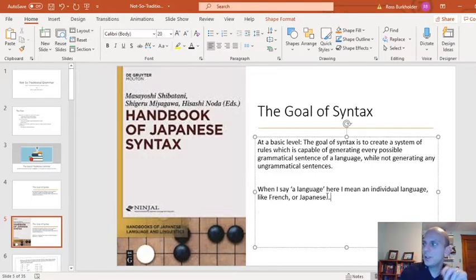It's what we're going to call little L language. It's just one of a number of languages. It's not capital L language, like all of language. No, it's specific to a language. So we're going to have the syntax of Japanese, for instance. You can see this book on the left. And every language is going to have its own syntactic structures to work with.